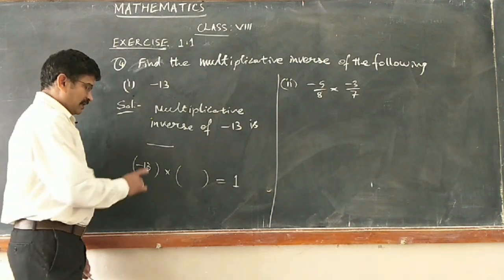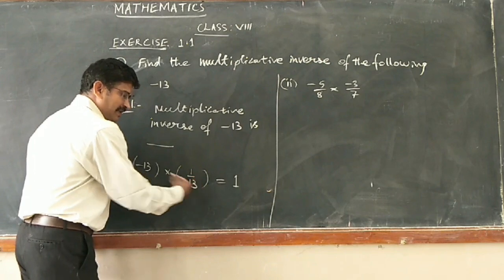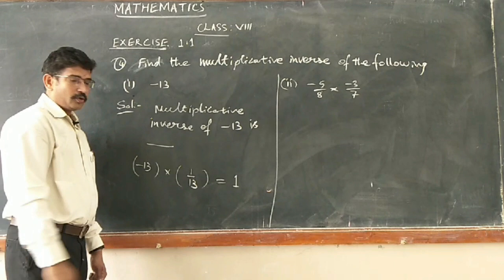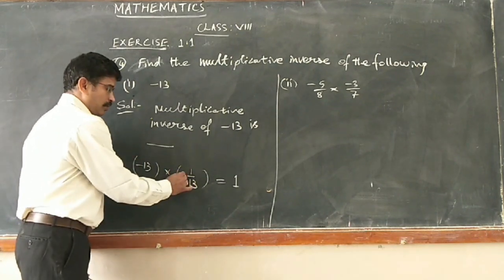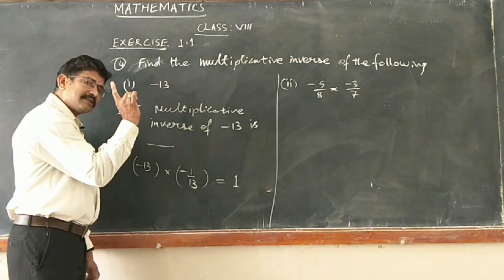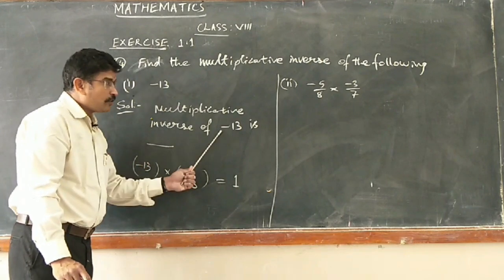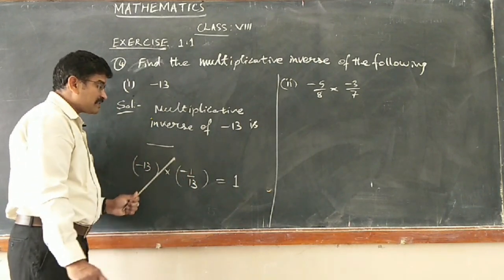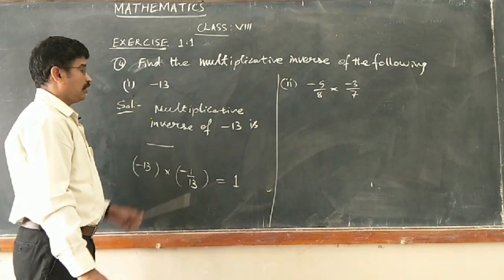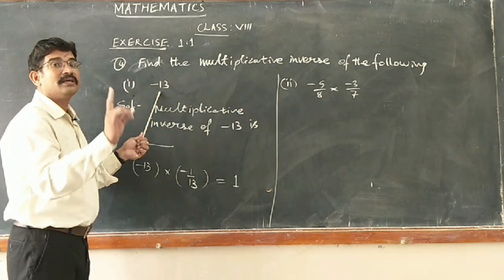That means if I multiply 13 by 1 by 13, I will get a minus 1. To avoid that negative, you need to have a minus sign. So children, try to observe always, the multiplicative inverse of a negative number is always negative. And one more condition I taught you, the given rational number should never be 0.